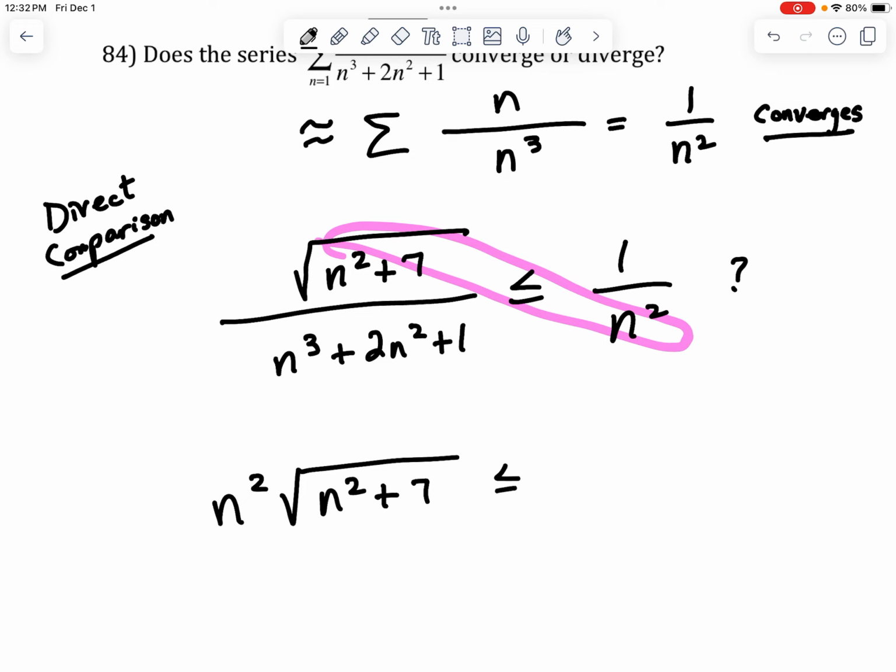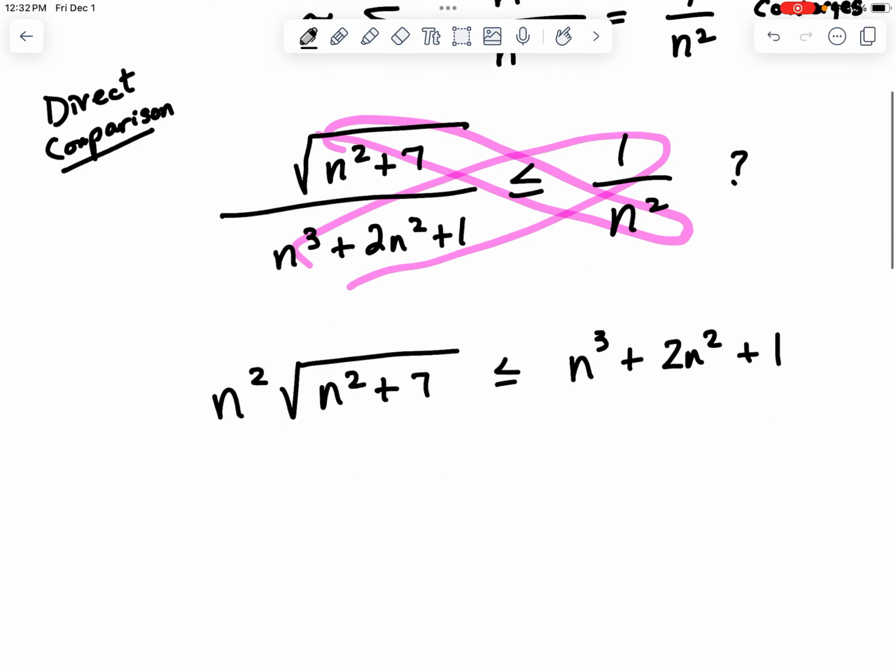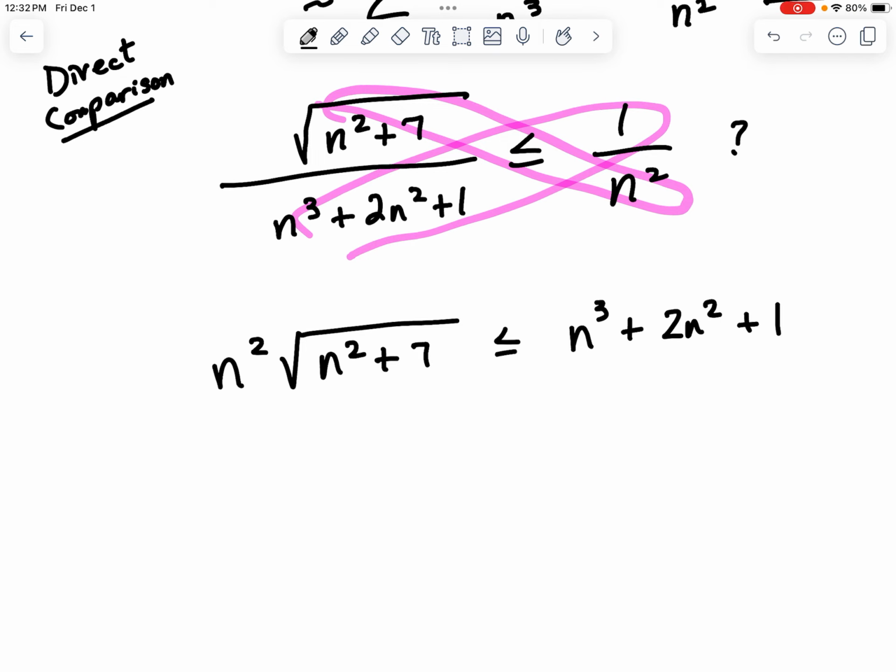And then when you do the other diagonal, it's just going to be the n cubed function times 1. And I don't see any easy way around this. I think we need to do algebra. And the algebra that we need to do is eliminate the square root by squaring both sides.